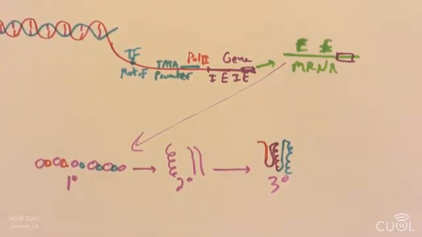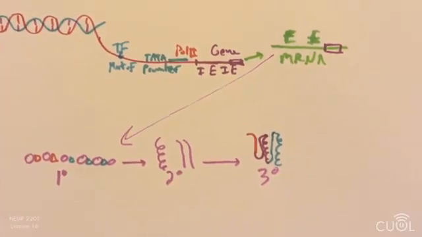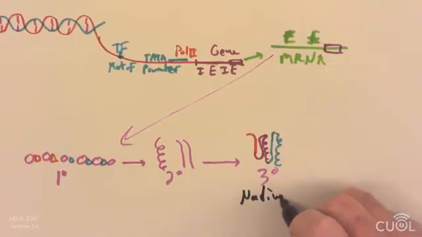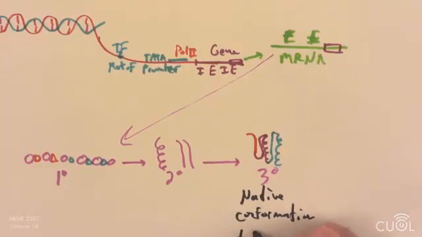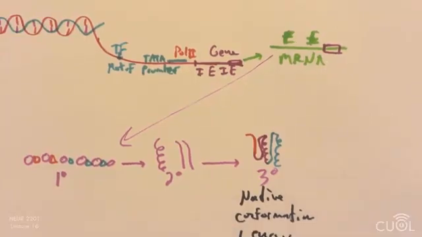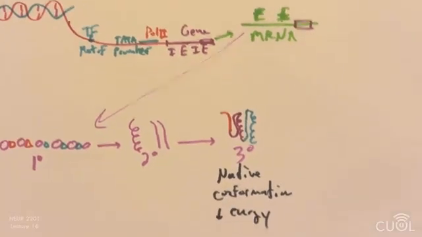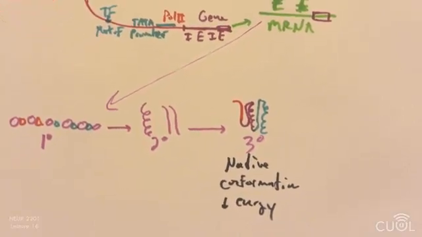The important thing to keep in mind about these proteins, so I'll just say that this is our native conformation. It's the lowest energy, and it's where the protein can sit in its natural environment.